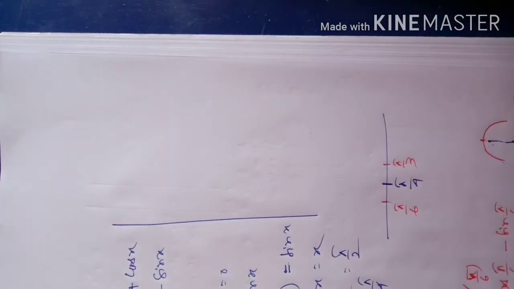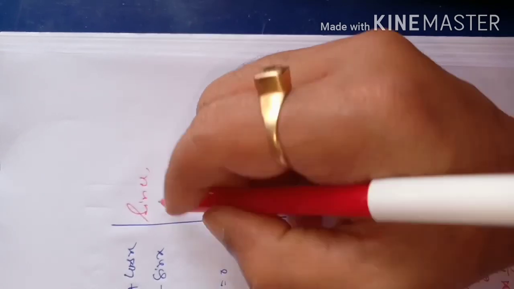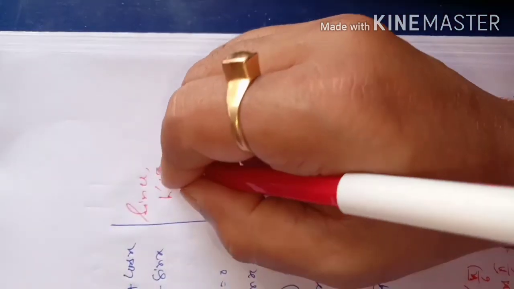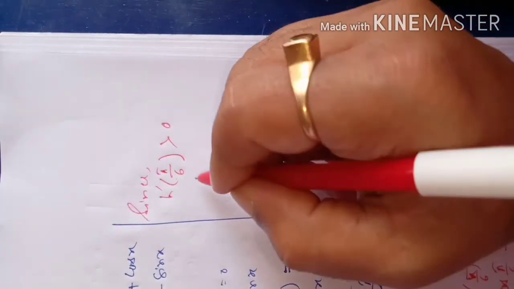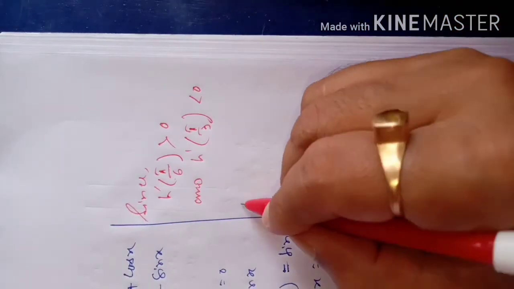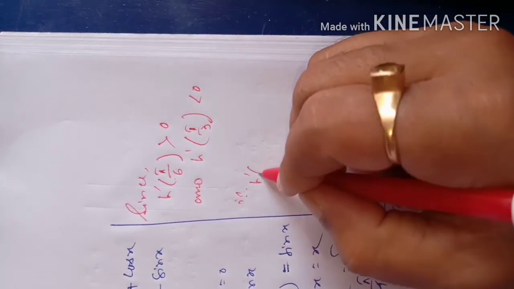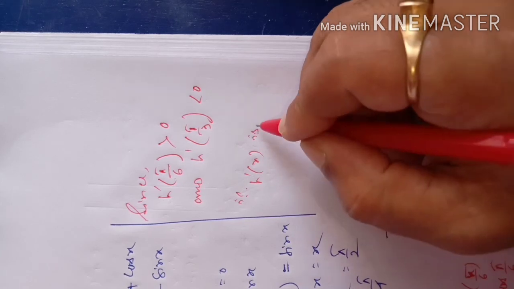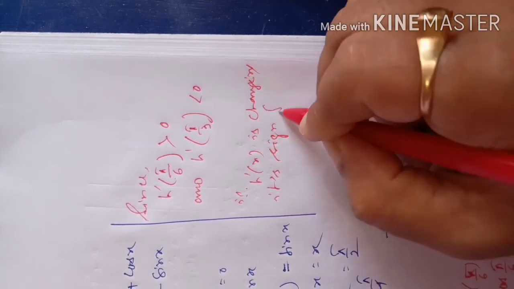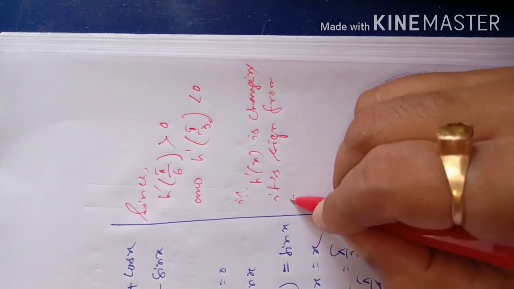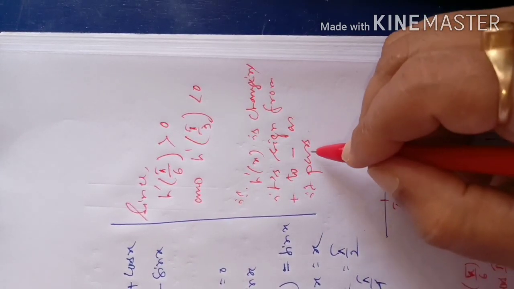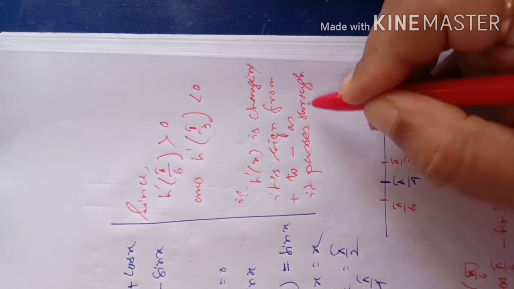Since h dash pi by 6 is greater than 0, and h dash pi by 3 is less than 0, h dash x is changing its sign from positive to negative as it passes through pi by 4.